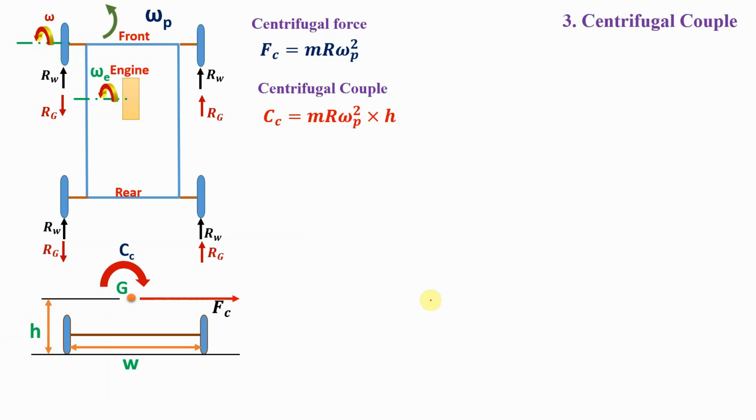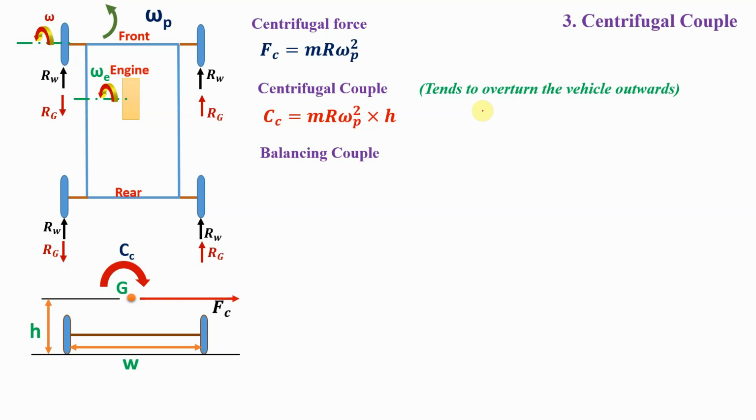Now this centrifugal force will produce a couple whose magnitude is equal to Fc into h. So this force into this distance will produce the centrifugal couple Cc in this sense, right? Now this will tend to overturn the vehicle outwards.